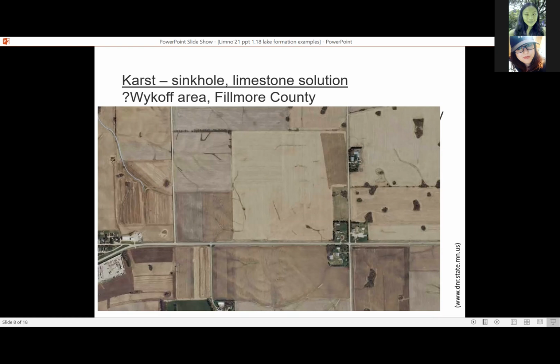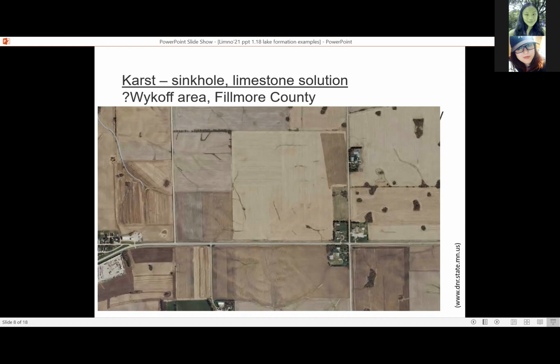Now, most of these sinkholes are far too small to be a lake, and most of these sinkholes are all connected to the subterranean drainage system, so they don't hold water. And that's a problem in this part of the state, that, when farm chemicals are spread on the fields, whether that's fertilizer or pesticides, that gets down into the drinking water very easily. And that's a real problem that this particular part of the state has.